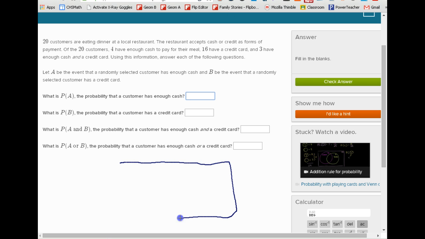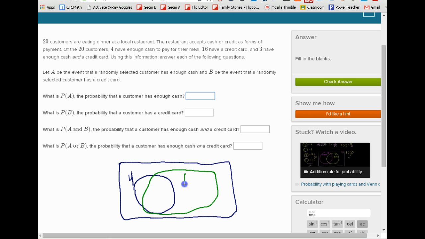Inside of our space exists 20 total people. So 4 have cash. So that's not a very big group, but we'll call them 4, right? And then we have a big group, which is 16 that have a credit card to pay.